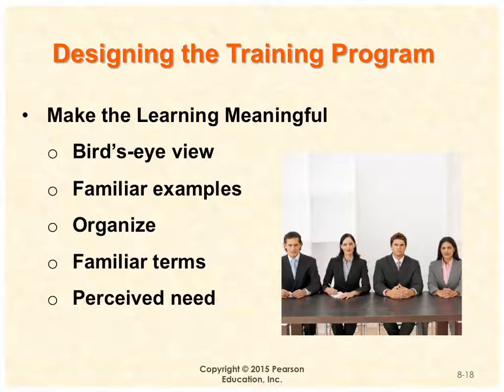The next one is use familiar examples. Especially for current employees, they're very used to doing things a certain way. They call certain parts certain things, whether it be your own company standard or an industry standard. If you start using terms that people aren't familiar with, they're just going to shut things out.